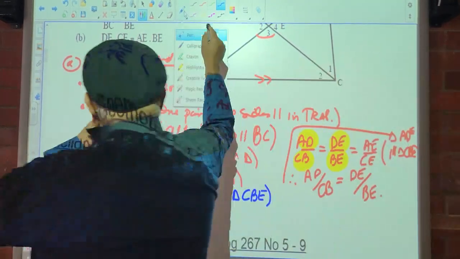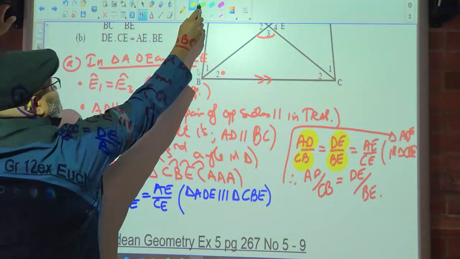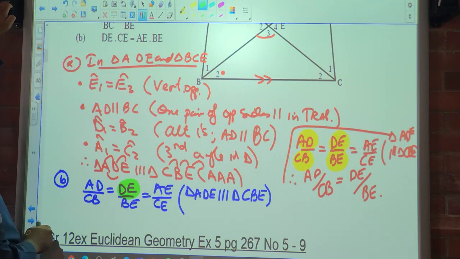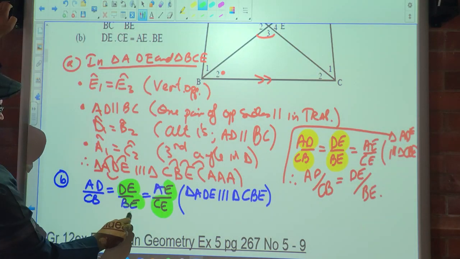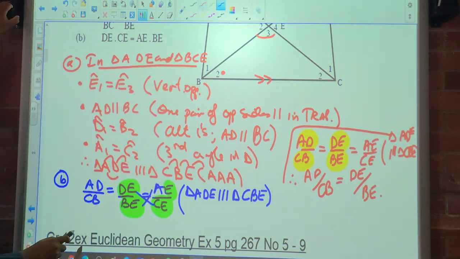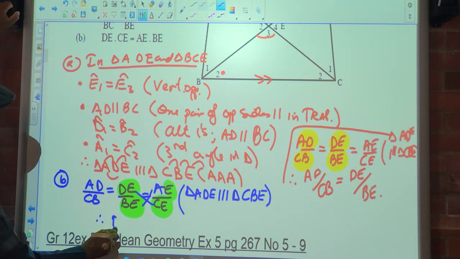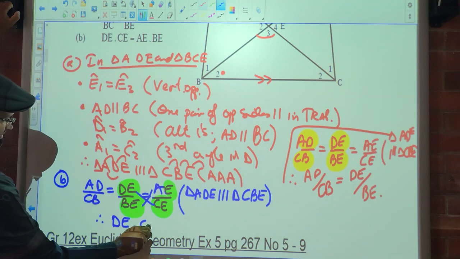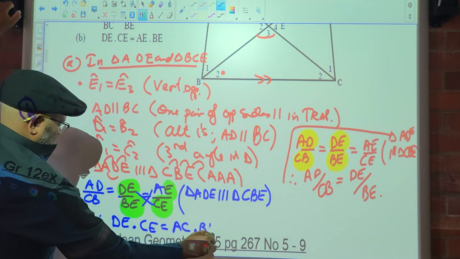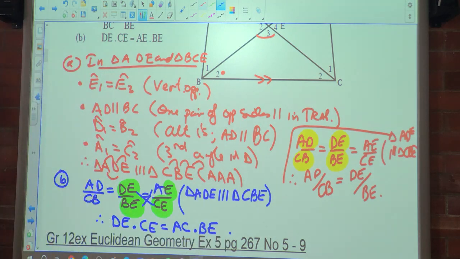But what do they want? They wanted DE, CE, AE, and BE. So what do you notice? What are you going to do here? Cross multiply. So therefore, DE times CE is equal to AE times BE.